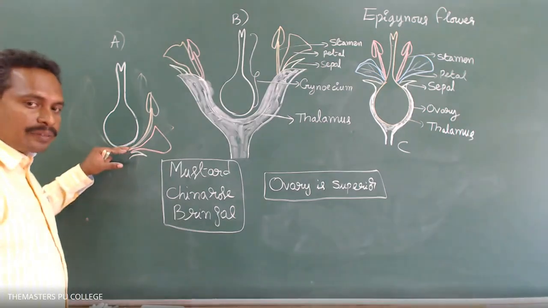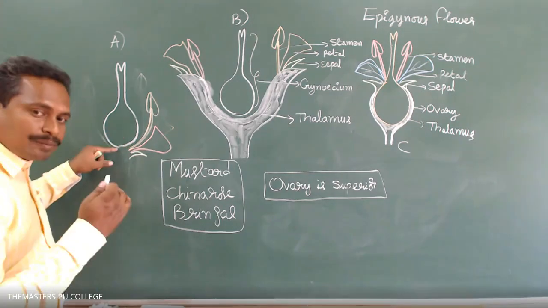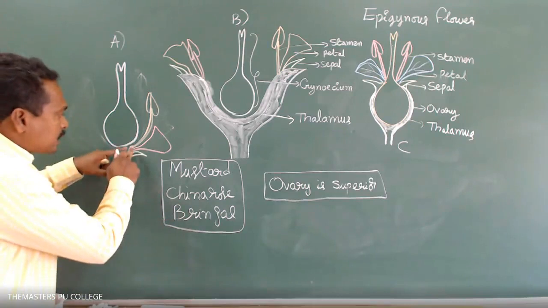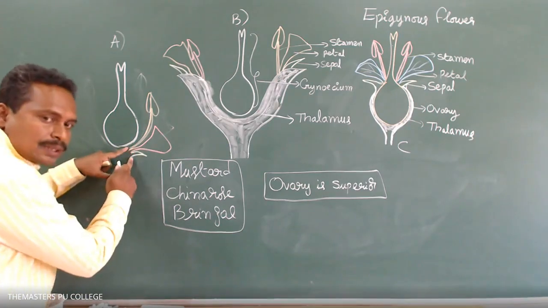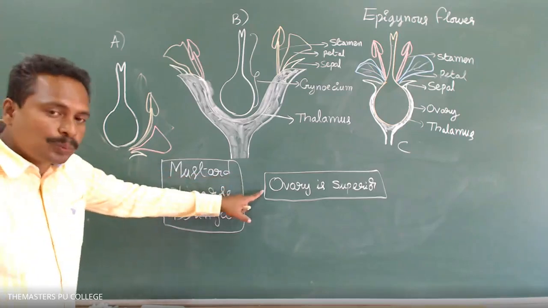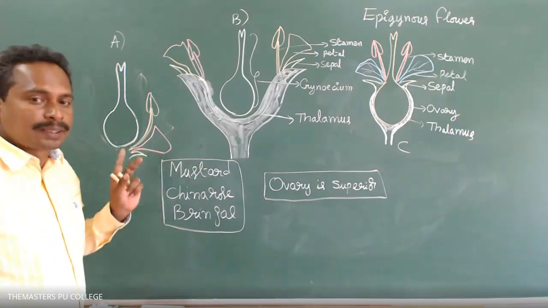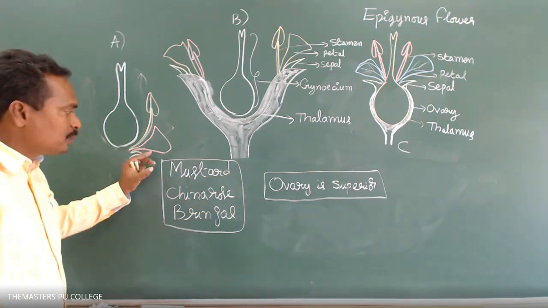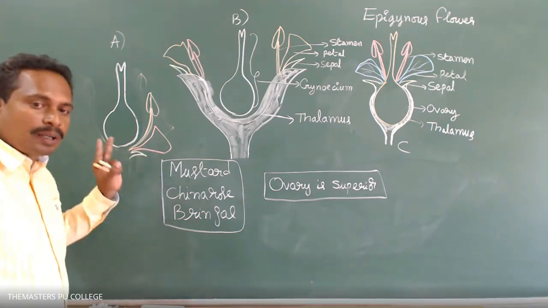The rest of the floral appendages, like the stamens, petals, and sepals, are arranged below the ovary. Hypogynous flowers are seen in mustard, China rose, and brinjal.